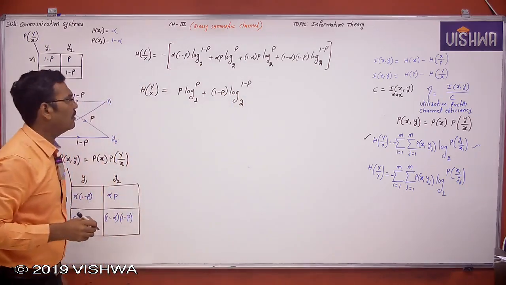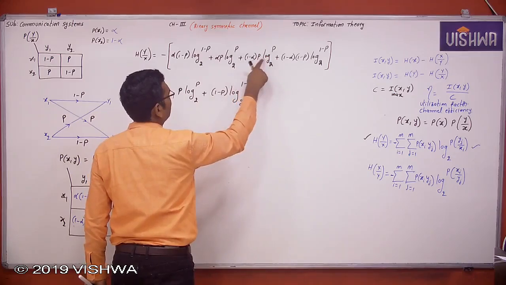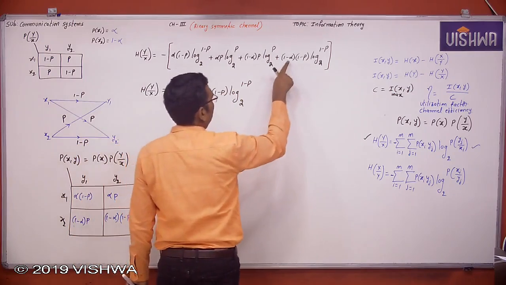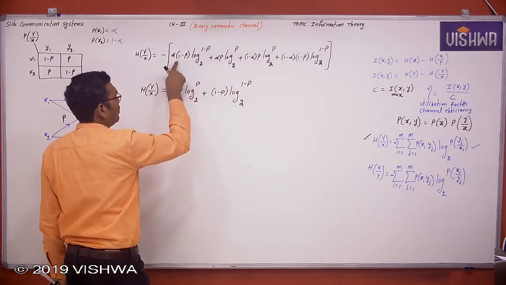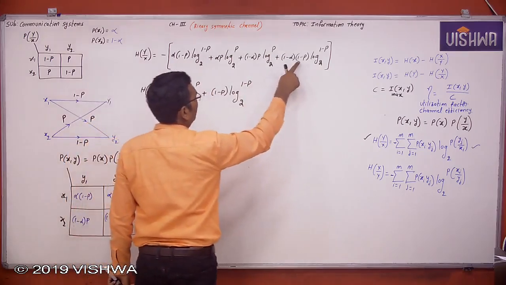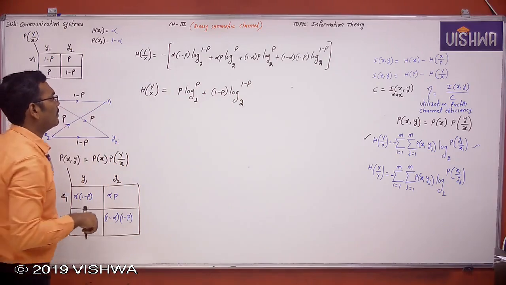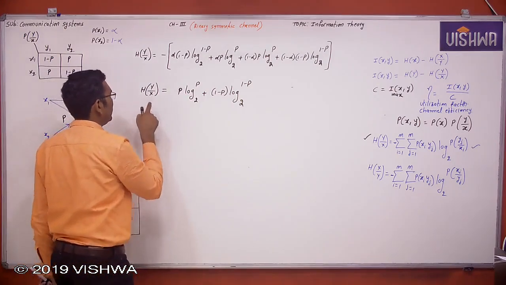Now this is the answer. Why? Because alpha P and minus alpha P cancel, therefore a single P log P is available here, and the alpha terms cancel, therefore a single 1 minus P into log 1 minus P base 2 remains. So this is nothing but H of y by x.